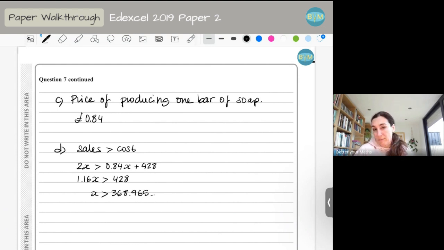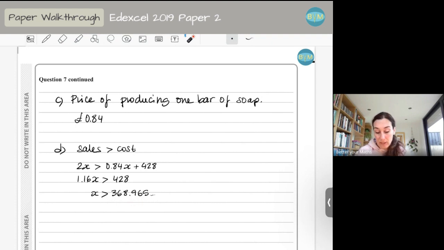You have to round, and you have to round to what makes sense. So remember, when you're trying to find an amount of something, we are not always rounding to the nearest number. Sometimes we are rounding to what makes sense. So I need to make at least this number of bars to have a profit, which means I need to round always up. In this case, I don't think you would make a mistake because you would round up anyway.